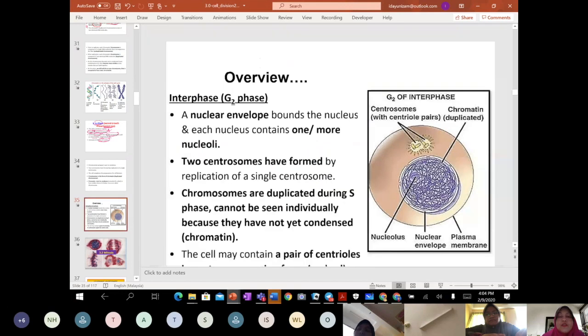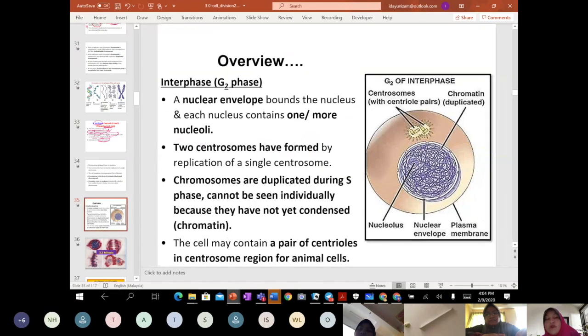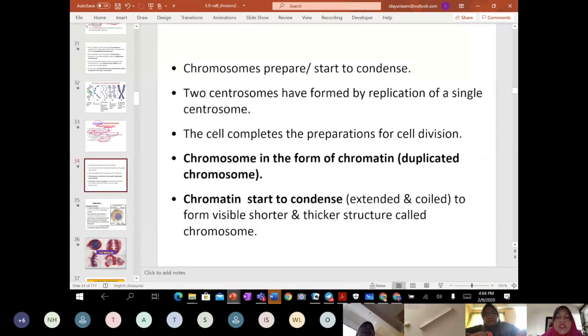Okay, so this is the overview class. It's already 4 o'clock, so I think teacher would summarize everything. Teacher would like to emphasize again that during G2, the chromosome is still in the form of chromatin. We still call it chromatin, the duplicated chromosome.